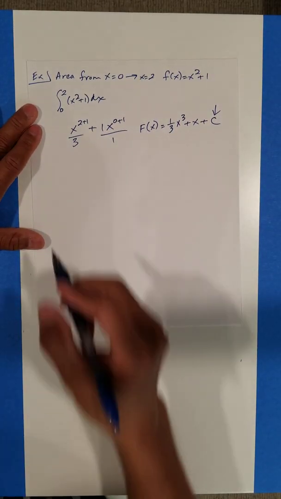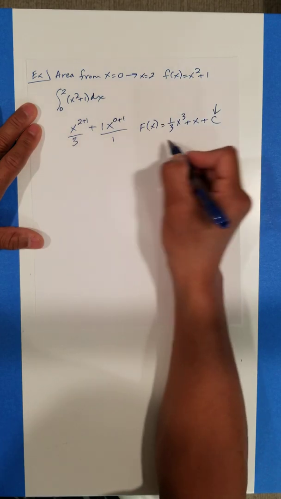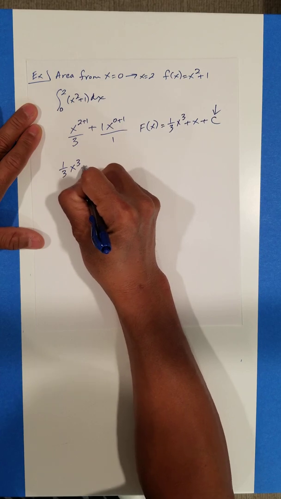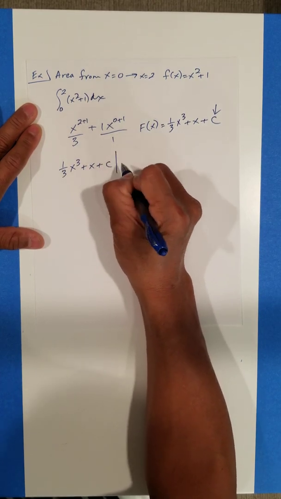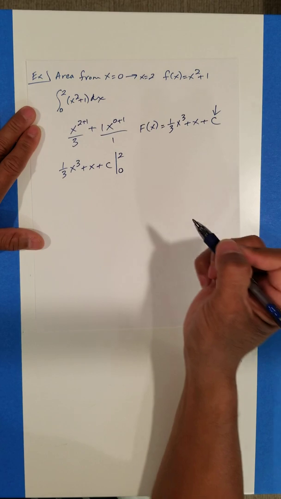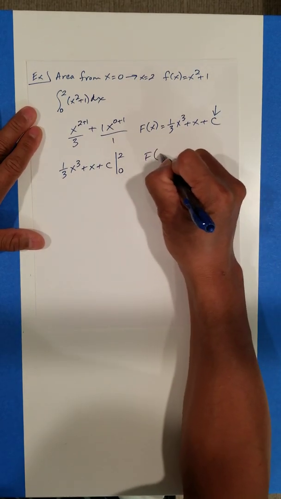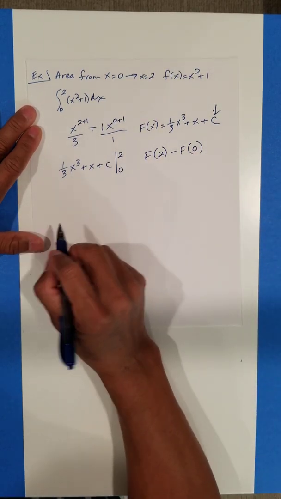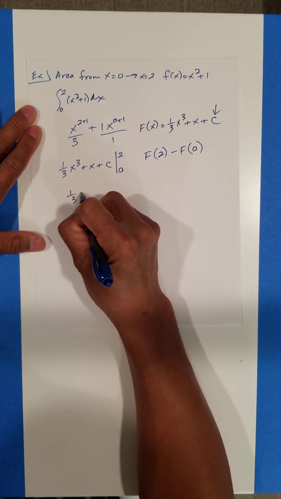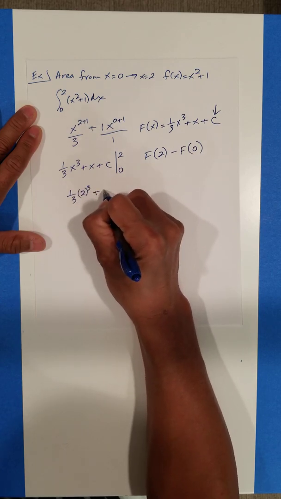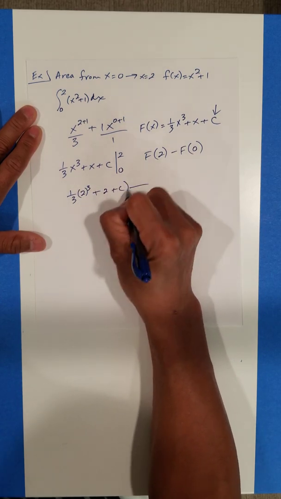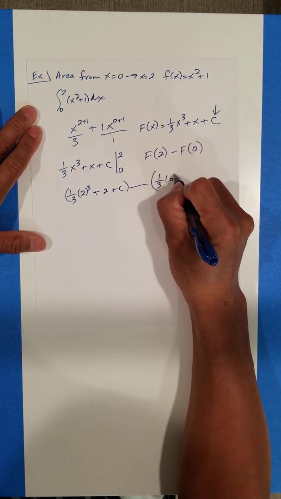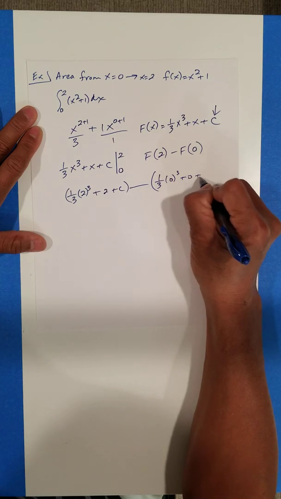That's called the antiderivative. So now that we have it, it's 1/3 x cubed plus x plus c. Now we're evaluating at 0 and 2. We need to plug in 2 minus what happens when we plug in 0. So 1/3 times 2 cubed plus 2 plus c, minus 1/3 times 0 cubed plus 0 plus c.